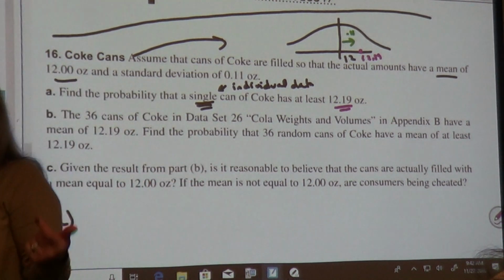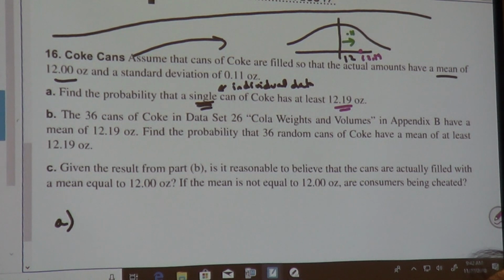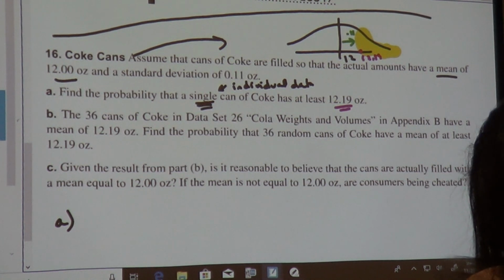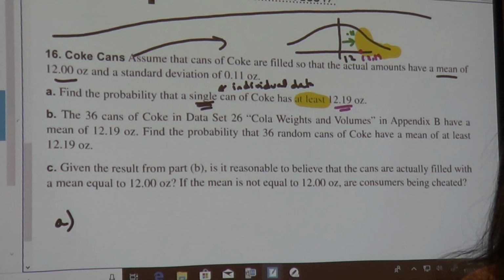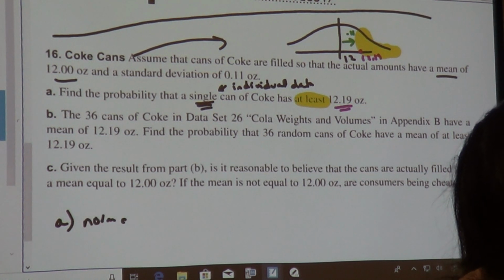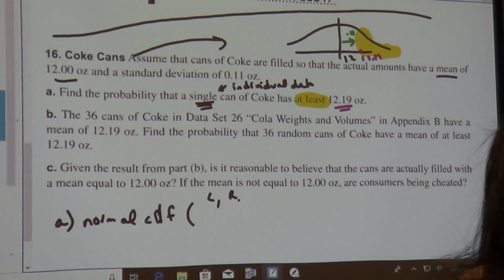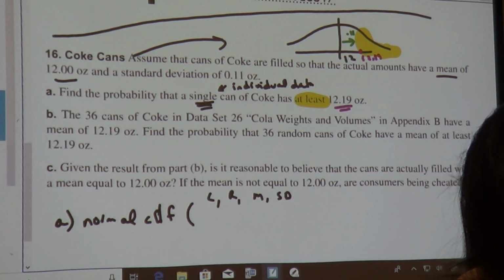So if you have at least 12.19, that means you have 12.19 or more. So at least means or more. Because I'm finding the probability, the shading, I'm going to do normal CDF: the left, the right, the mean, and the standard deviation.